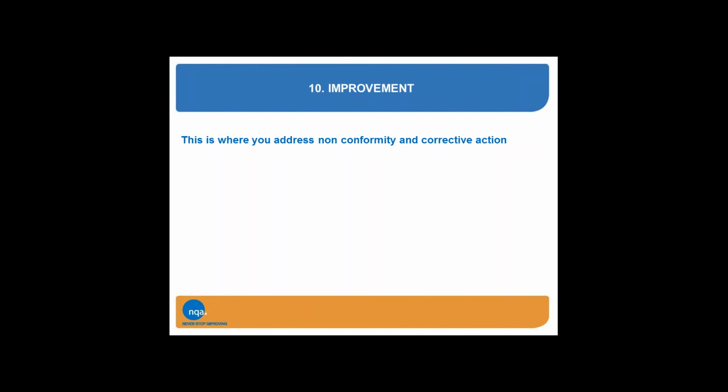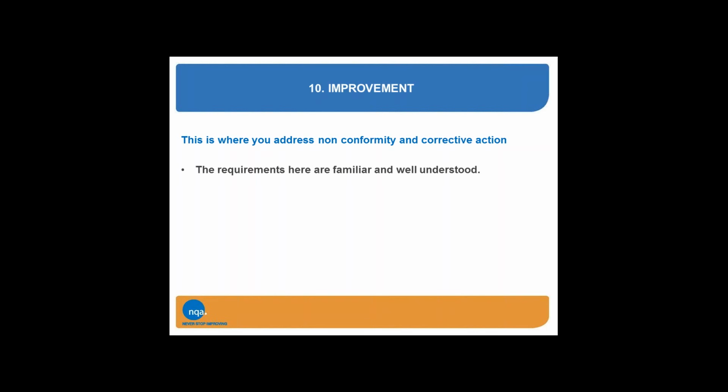That would be to stop poor product or service reaching the client. In the improvement clause, it's about are there any trends in our non-conformities? The root cause analysis that you've carried out, is that revealing trends or significant improvements that may need to be made? So that's the importance of non-conformity and corrective action in this clause 10.